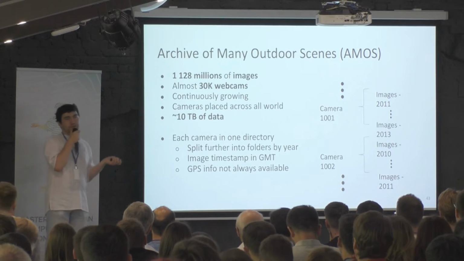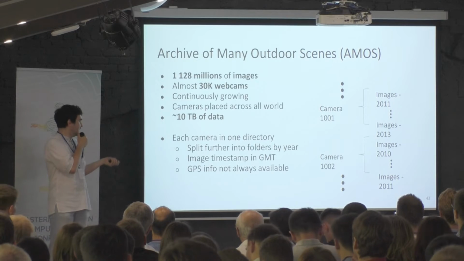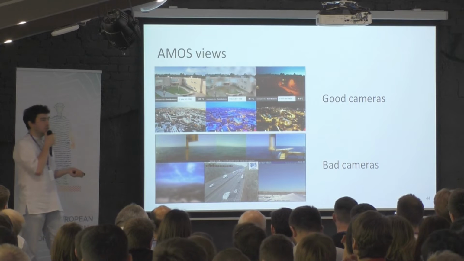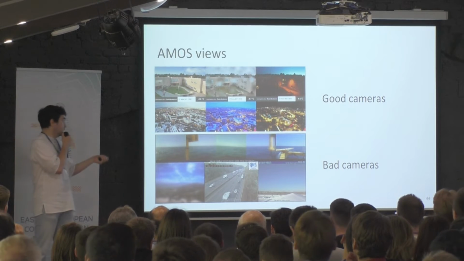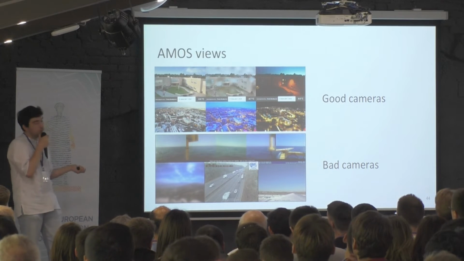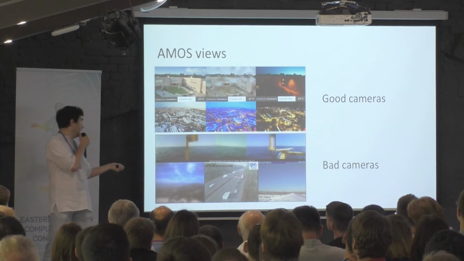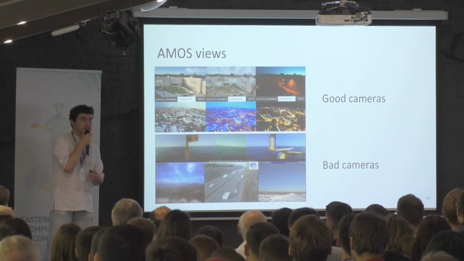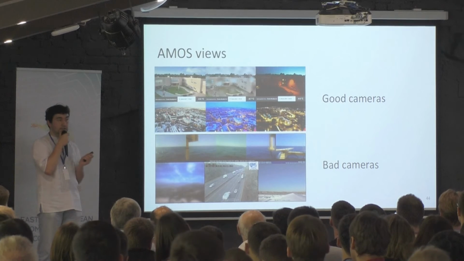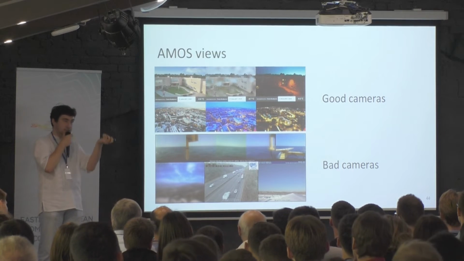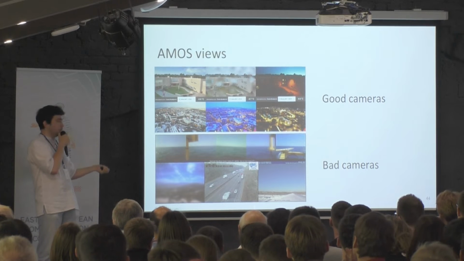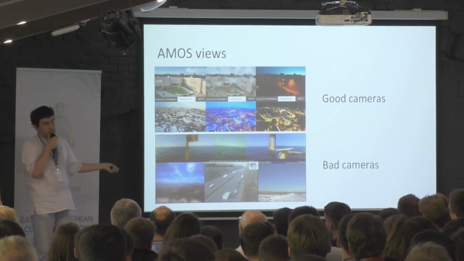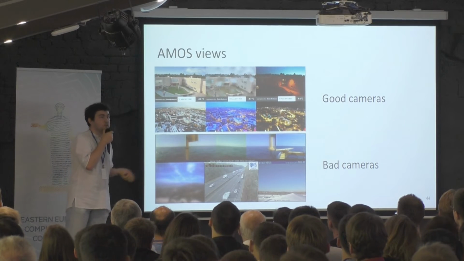And we first said, okay, let's train on this huge dataset. But it turns out that it's not that easy. Some cameras are really good, but some are blurred, not working, or depicting a very dynamic scene. Our idea and motivation to use the dataset is that if the camera is static, you already know all the correspondences: these pixels here and in 1 hour should correspond to the same object.